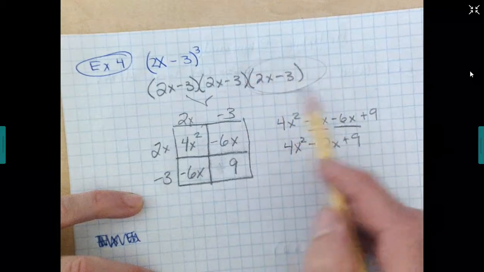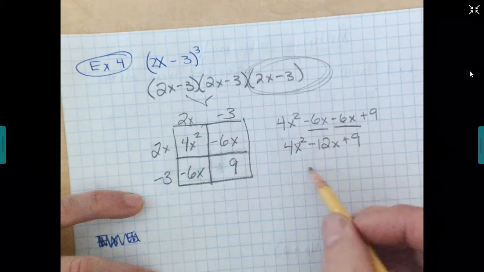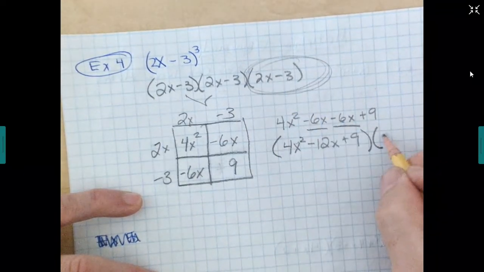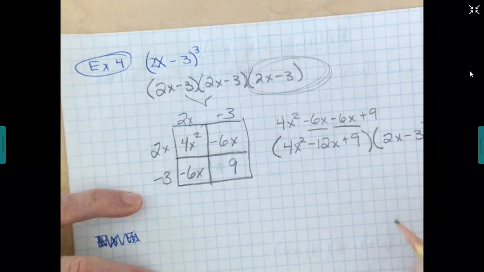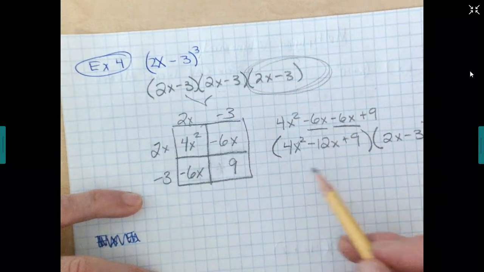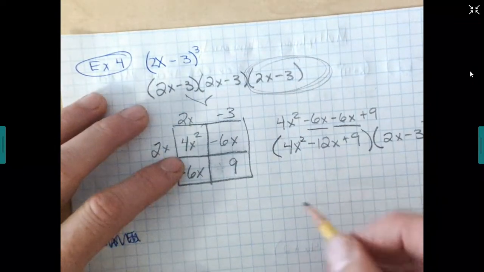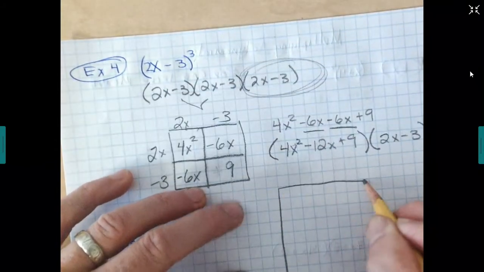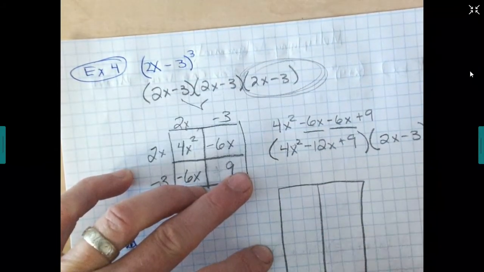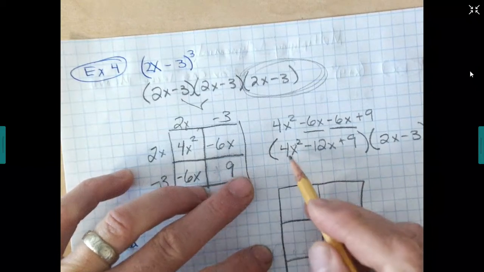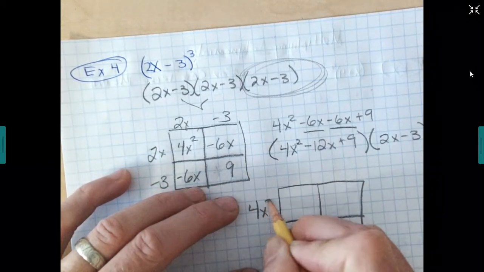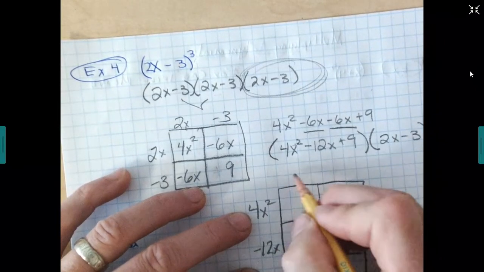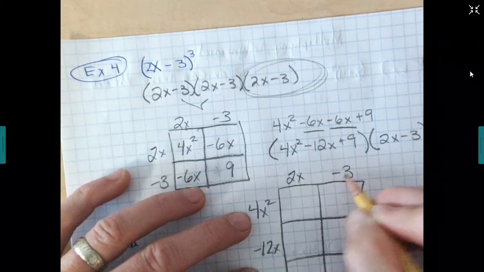But I still have to multiply it by this one. So it's my answer times 2x minus 3. And like we did on the last example, I just have to write down my terms. So I have 4x squared, negative 12x, 9, and 2x, negative 3.